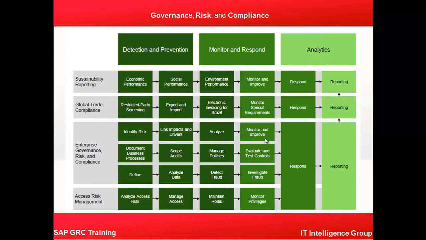Once you have defined the process of identifying and fixing the risks, you should be able to monitor it and report it to the right authorities. So the reporting piece is extremely important here.